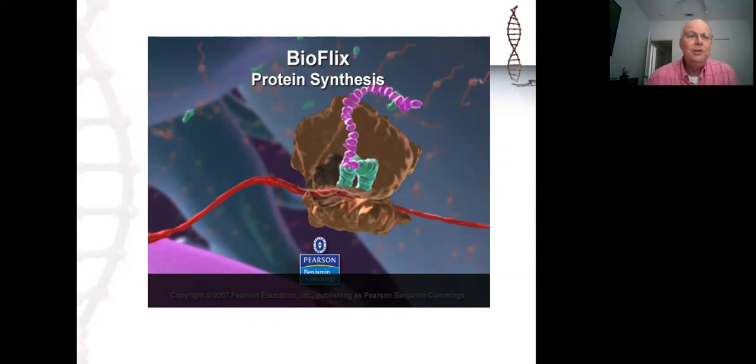And then it will show you translation, where the ribosomes read the information in the messenger RNA and assemble a polypeptide by linking amino acids together based on the information in the messenger RNA, the process of translation. This is a really nice animation, about 3.5 minutes long, as all the BioFlix animations are. And it does a really nice job of showing you transcription and translation in process. So I'd strongly recommend that you take a look at this. And of course, it's in the resources page.